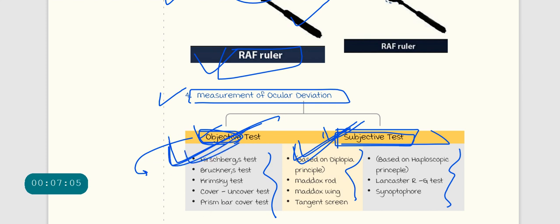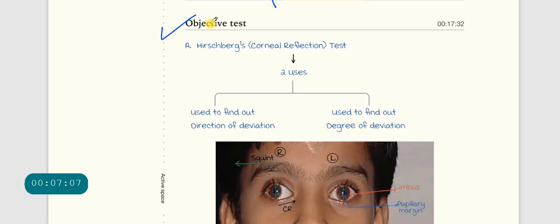The objective test comprises further subcategories as we saw in the table. So the first one here is Hirschberg's corneal reflex test.